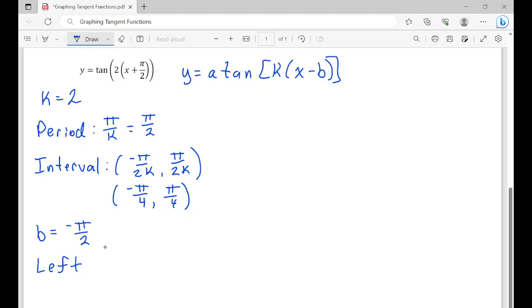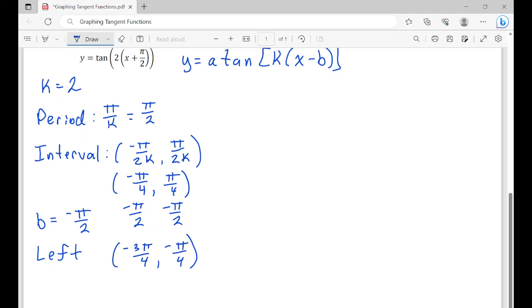When we subtract pi over 2 from both of these, we're going to get an interval that is negative 3 pi over 4 to negative pi over 4. And again, these are the vertical asymptotes.